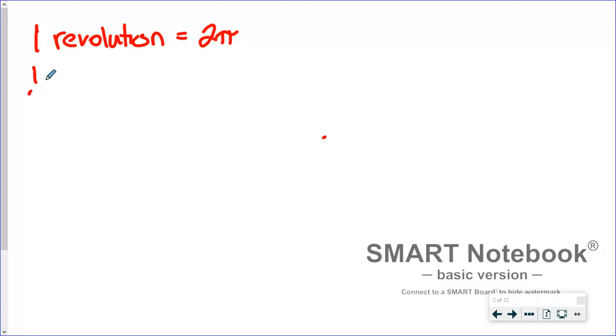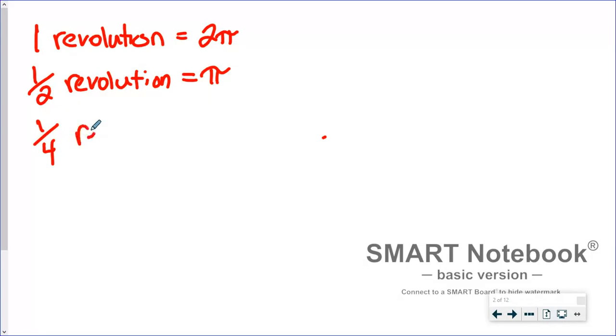So what does that mean a half of a revolution would be? Just 3.14, just pi. What would a fourth of a revolution be? Half pi, or pi over 2, which is the same thing as 1/2 pi.